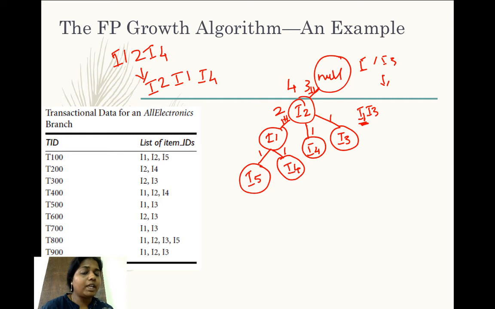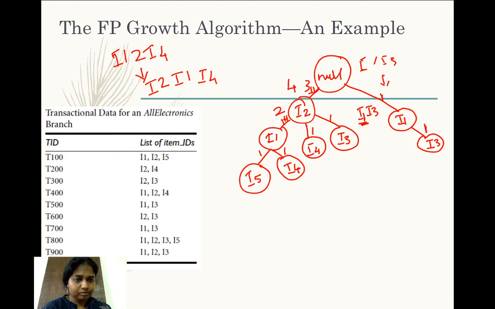I don't have any I1 connected to my null node. So what I do is I take a branch from the null value, add I1 directly to this tree structure. Then I update its value as 1 and to that I1 I add another value called I3 and I should make it 1.